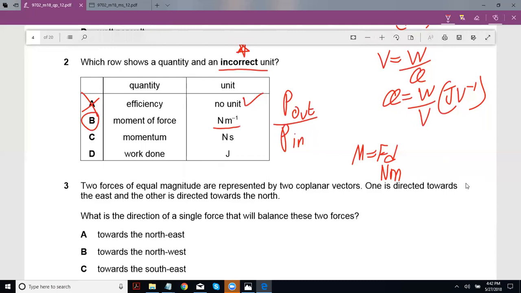If you want to go through the other options, work done is obviously in joules, so you can just leave that. Momentum, I believe they use the other formula here. Force is equal to the rate of change of momentum. You just rearrange that, you get Ft, which is Newton second. So even this is correct, which is why B is your answer.